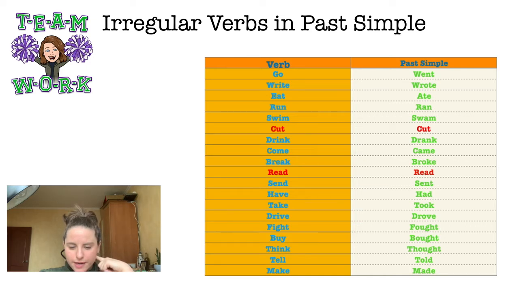Drink, drank. Come, came. Break, broke. Read, read. Send, sent. Have, had. Take, took. Drive, drove. Fight, fought. Buy, bought. Think, thought. Tell, told. Make, made.